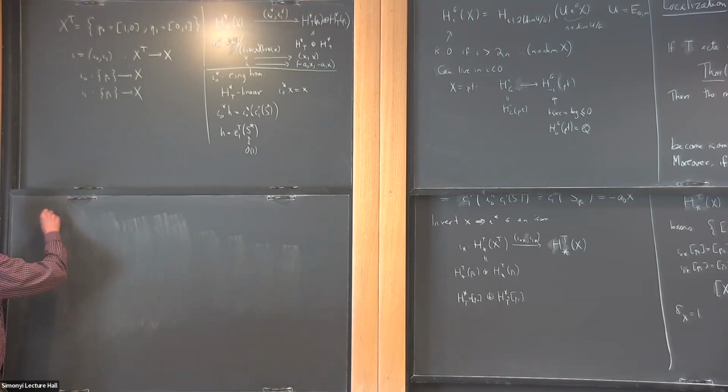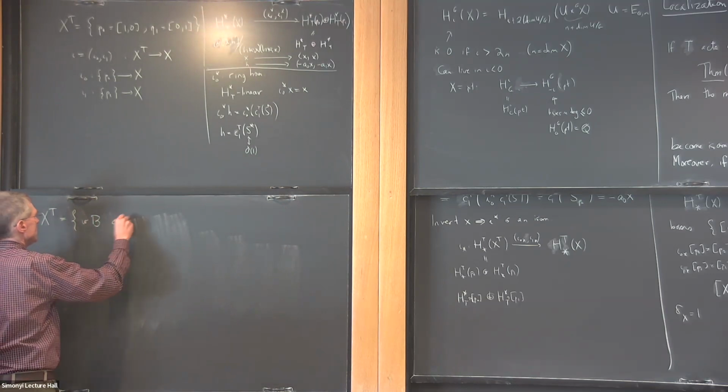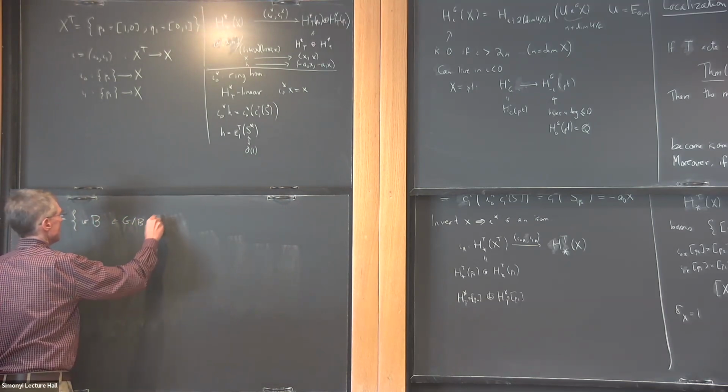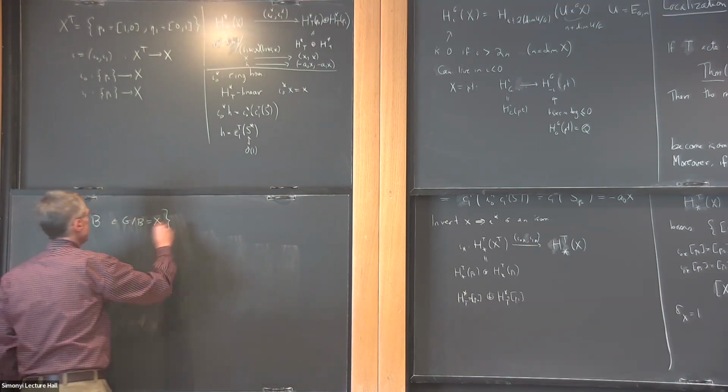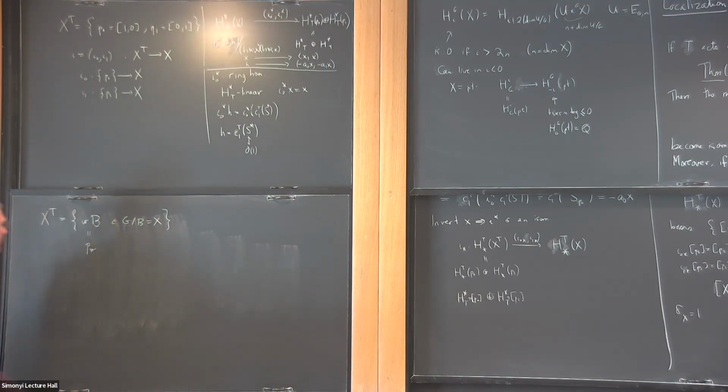In this setting, X^T is just the set of cosets wB in G mod B, which is X. So this is a coset, or a point. I'm going to call this point P_w, just to distinguish it. That's what the fixed point locus is. There's a finite set of fixed points in here.